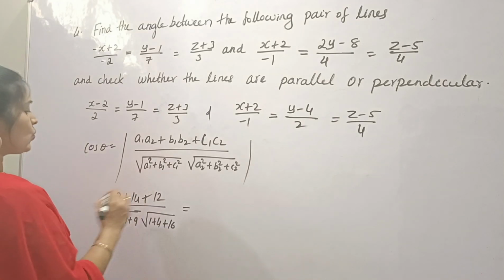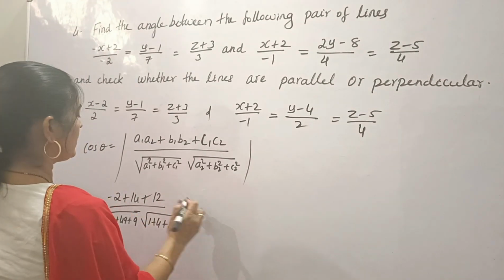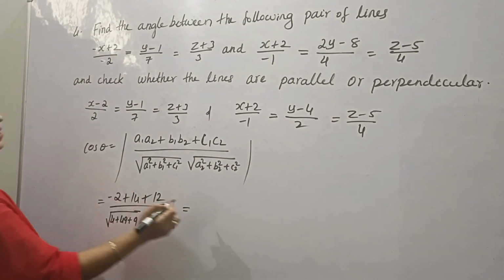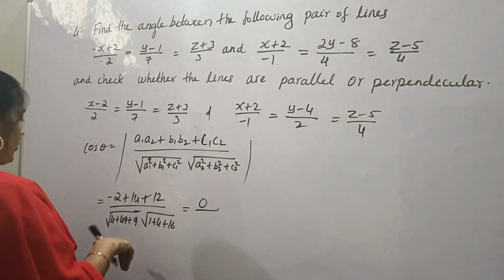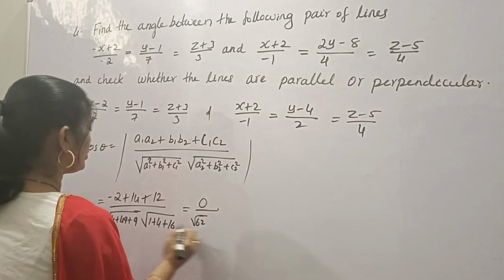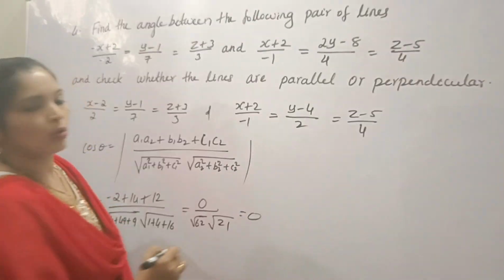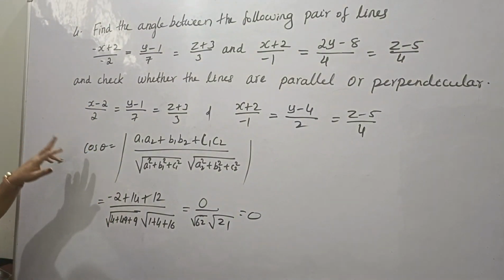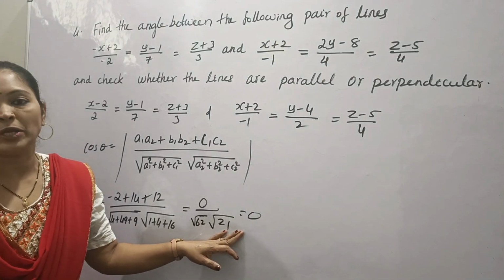16, that is equal to here 0, right? See, numerator 0 divided by root of 62 into root of 21. Okay, that is equal to 0. See, here we have got cos theta is equal to 0. Then what is theta? Theta is pi by 2, right?